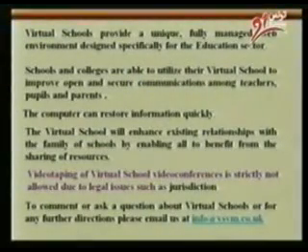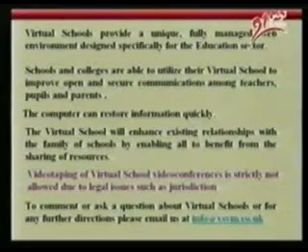Okay, the first part is videotaping of virtual school video conferences is strictly not allowed due to legal issues such as jurisdiction. Can you decide which one of these here is a problem? Now pay attention.